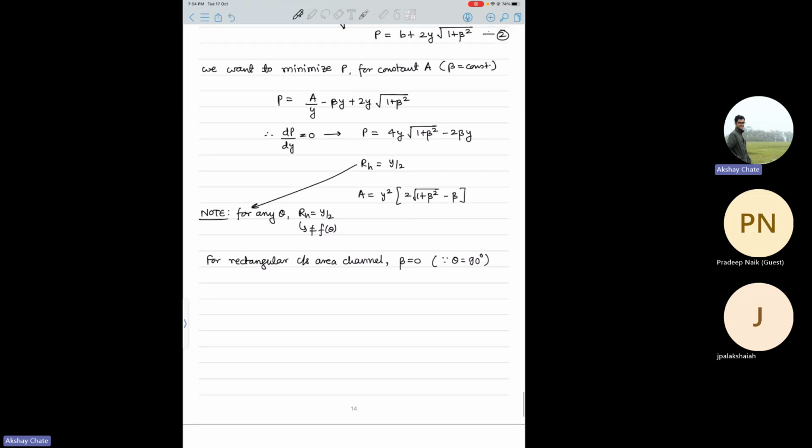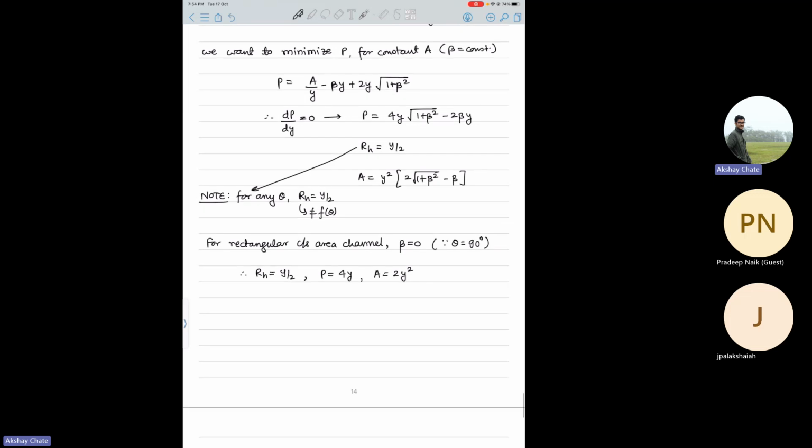Now the important part, because mostly they talk about rectangular channels. In a rectangular channel your theta becomes 90, therefore beta becomes 0, and RH remains y by 2 because it is not a function of theta, but your perimeter will become 4 times y, and area will become 2 times y square.